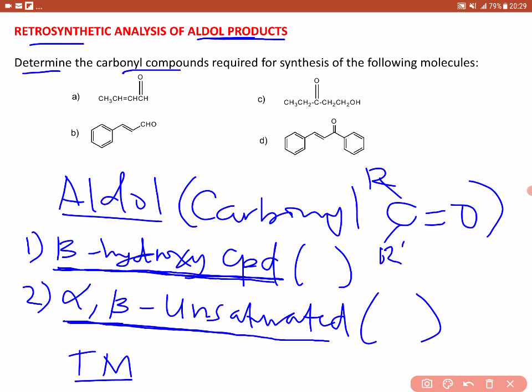So we will be having these four examples here, the molecules A, B, C, and D, and we will carry out a retrosynthetic analysis in order to try to identify the starting materials that are necessary for the synthesis.